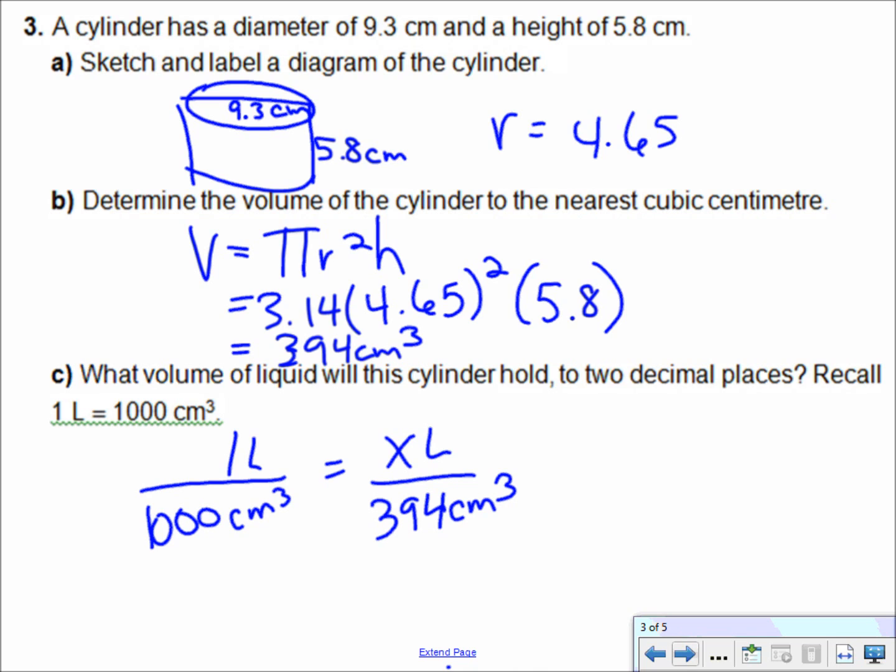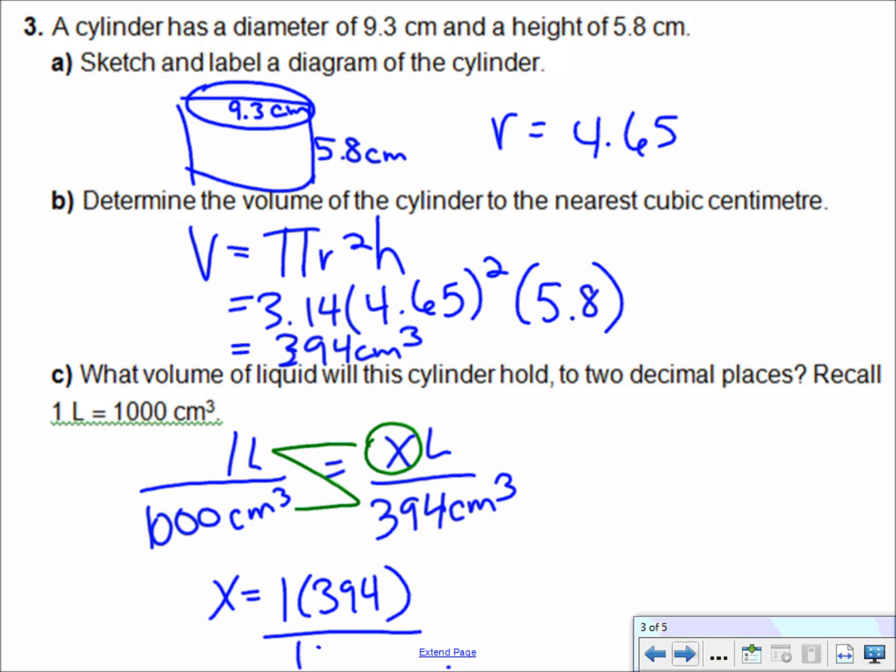I'm back to my Zorro method. So I circle my X, draw my Z. The first 2 numbers that hit get multiplied, so 1 times 394. Then I divide by the third, which is 1,000. X equals, this will tell me how many liters this cylinder will hold.